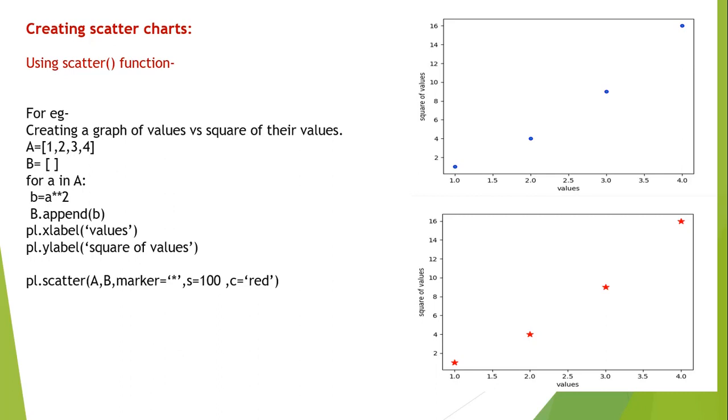Marker here is asterisk. Now we have increased the size of the marker, so it has become 100 now, and color of the marker has been replaced with red. Earlier those dots were showing the markings, now these asterisks are showing the marking. Means the markings are the same, only the marking style has been changed. Also the color of the marker is red now, and size has also been increased.